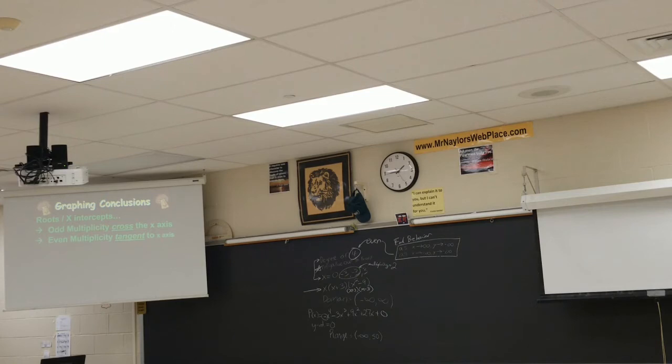Now, actually, I'm not sure. Did I mention this odd or even? Maybe I forgot to mention that, but odd multiplicity is going to be a cross. Even multiplicity is going to be a tangent.